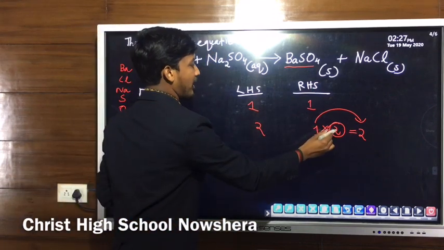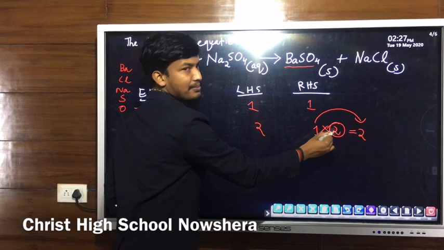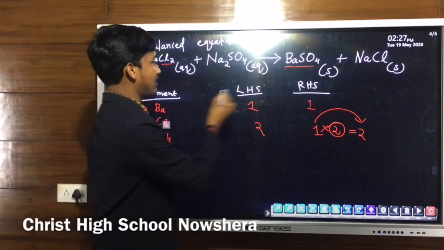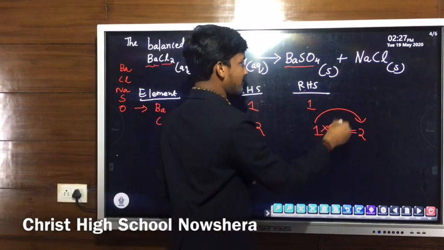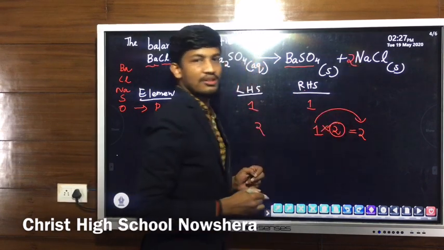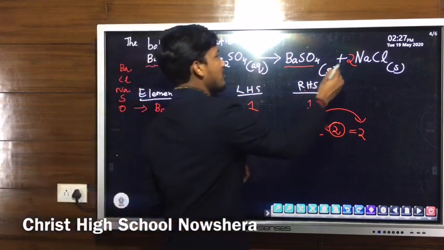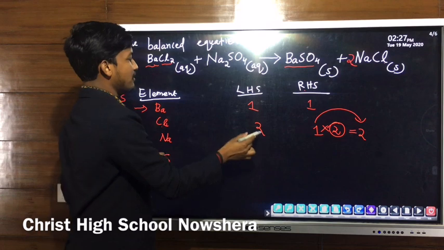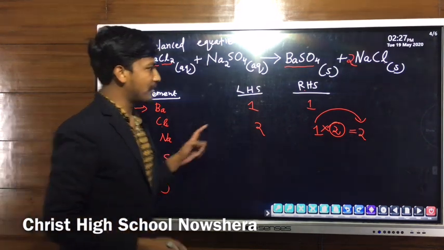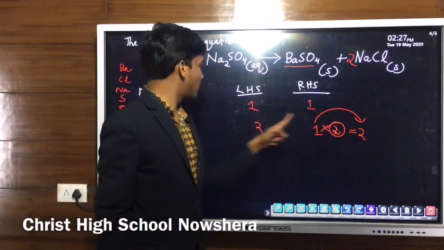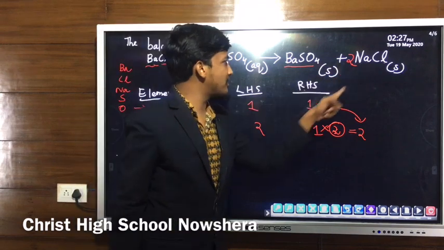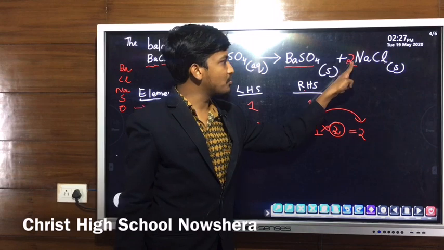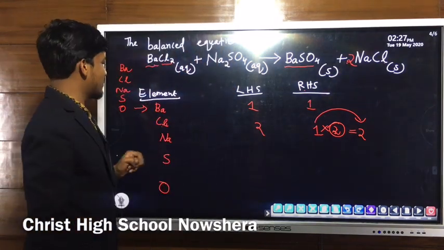That is, we have to write a coefficient 2 for chlorine on the RHS. Then we will get 2 into 1, 2 chlorine atoms, and the left side already has 2 chlorine atoms. So we write the coefficient 2 before NaCl. So 2 into 1, 2 chlorine atoms.